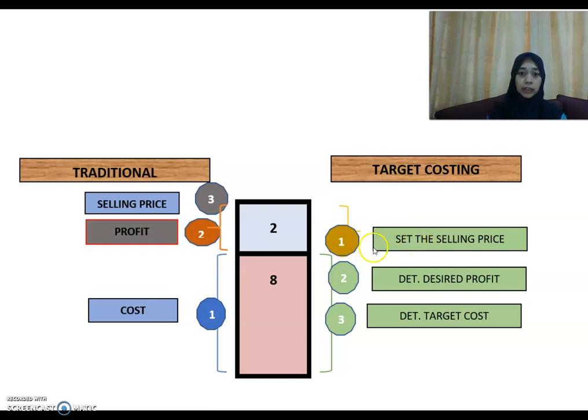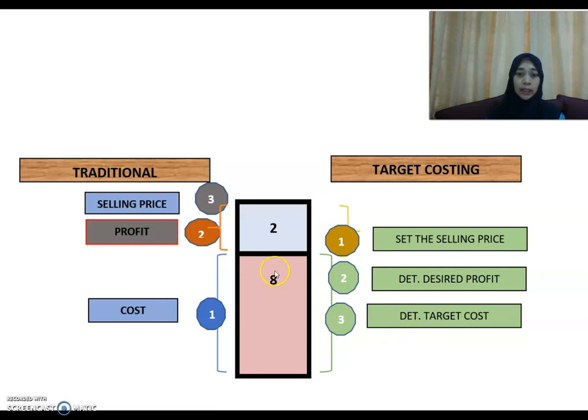So you set your selling price as 8, and then the second step is that you determine how much your desired profit is. Then you say you want to have 2 ringgit of profit. So that means 8 minus 2 will give you 6. The third step is you determine the target cost, how much is the cost that you want. So your target cost now will be 6.